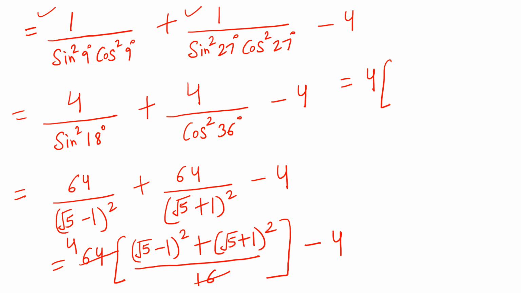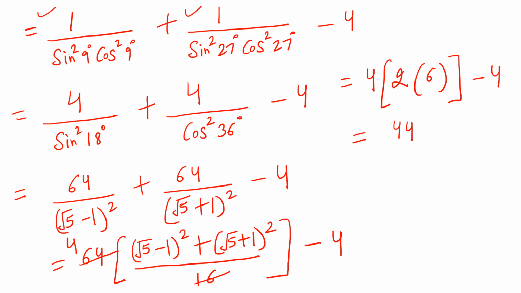So you can directly use the identity a minus b whole square plus a plus b whole square equal to 2 times a square plus b square. So that means this can be written as 2 into, inside the bracket, 5 plus 1, which is 6. And then we have minus 4. So this finally becomes equal to 48 minus 4, which is 44.